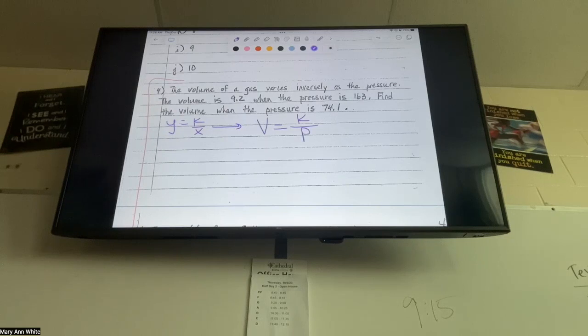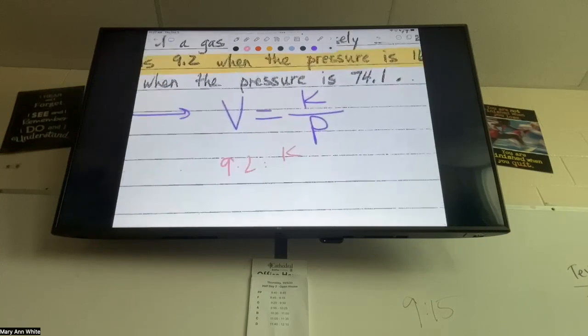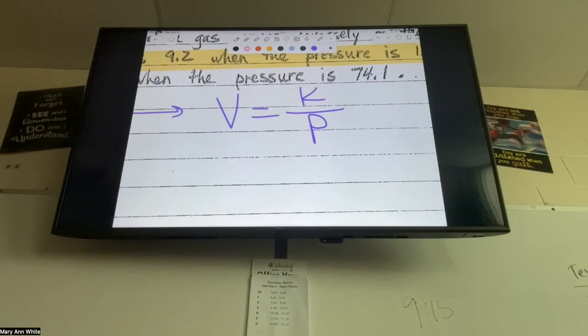I needed to set that up correctly first in order to be able to plug in and solve. So the next statement says the volume is 9.2 and the pressure is 163. So we're gonna plug in 9.2 for my V, we're gonna plug in 163 for my P, and we're gonna solve for K. So I get 9.2 equals K over 163.